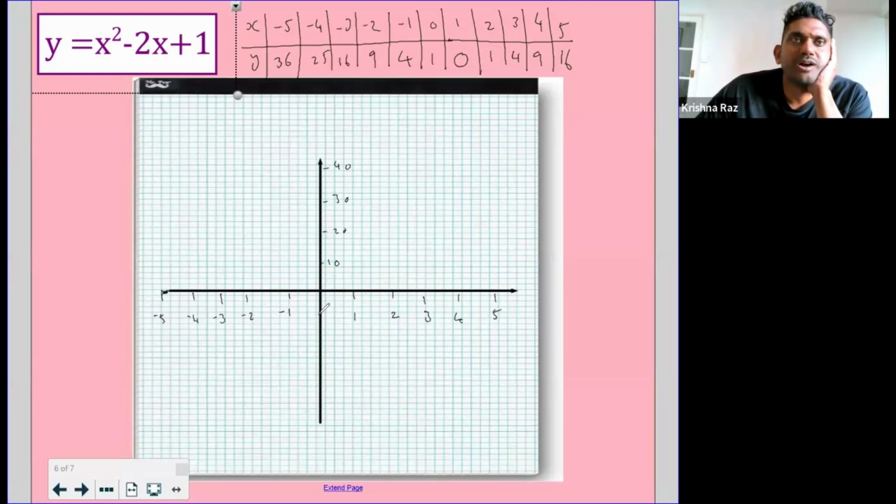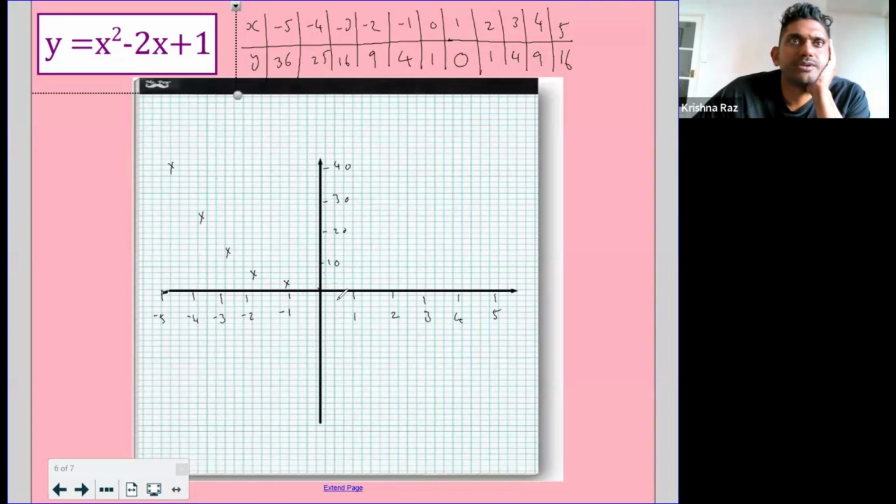We don't have any y values below 0, so that doesn't matter. So -5 goes to 36. -4 goes to 25. -3 goes to 16. -2 goes to 9. -1 goes to 4. 0 goes to 1, and then it's going to escalate back up.